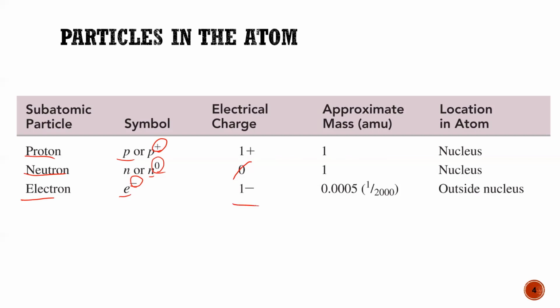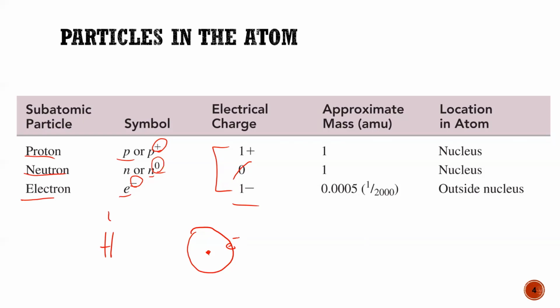Atoms that are neutral have to have the same number of protons and electrons. Like hydrogen, it has 1 proton in the nucleus, and then orbiting around the nucleus is the 1 electron. That electron, outside of the nucleus, is negatively charged, and it cancels out the positive proton.